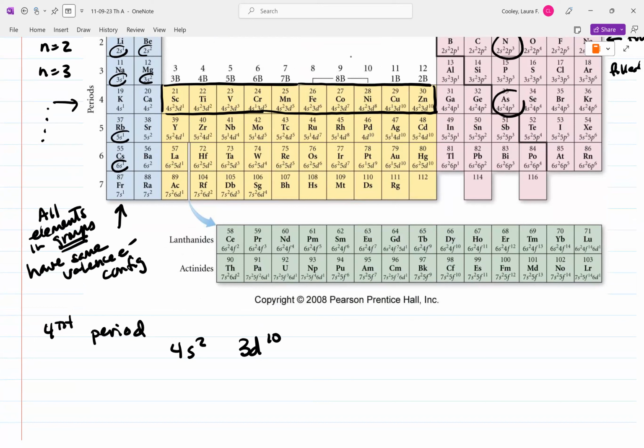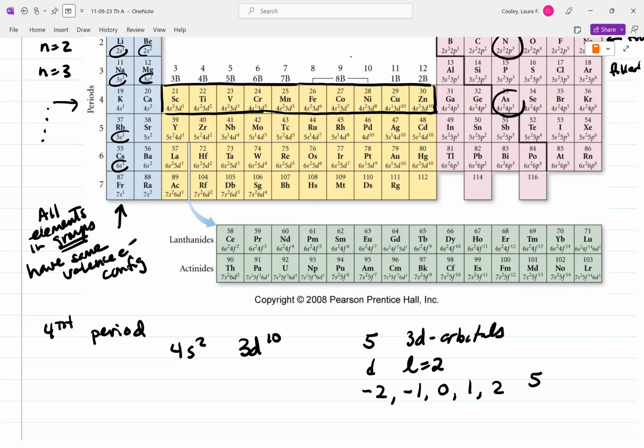Now, why 10? The reason there's 10 boxes here is because there are 5 3d orbitals. Remember, for d, we have l equals 2. So we have -2, -1, 0, 1, and 2.